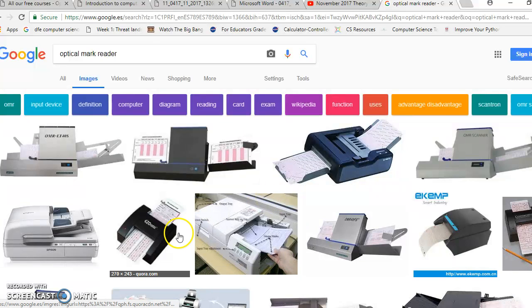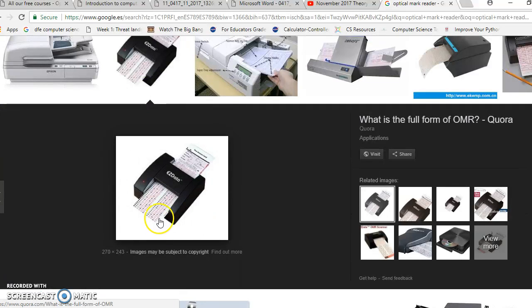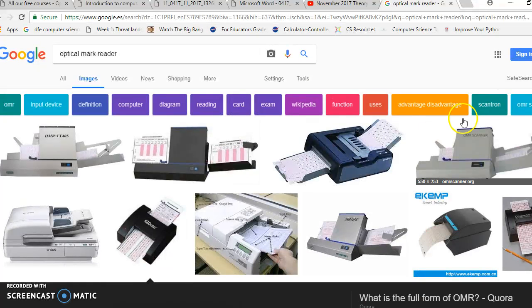You make lots of little marks on tickets. They're generally used for the National Lottery in England, and basically they pinpoint your marks. You have to mark in HB pencil, and then the computer finds out where your marks are.